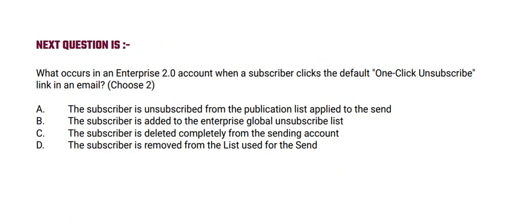Option B, the subscriber is added to the Enterprise Global Unsubscribe list. Option C, the subscriber is deleted completely from the sending account. And option D, the subscriber is removed from the list used for the send. The correct option is option A and D.